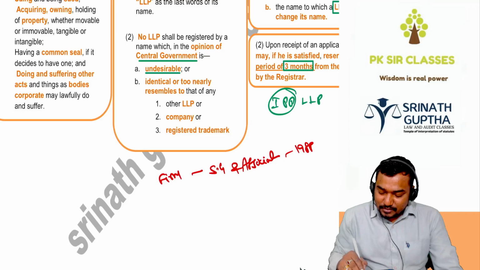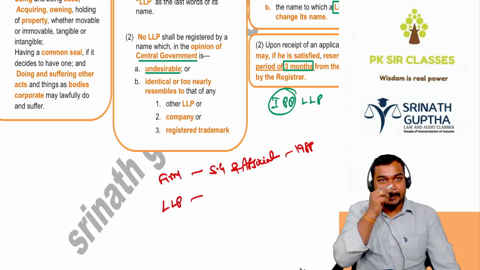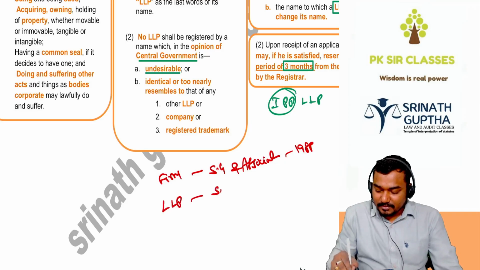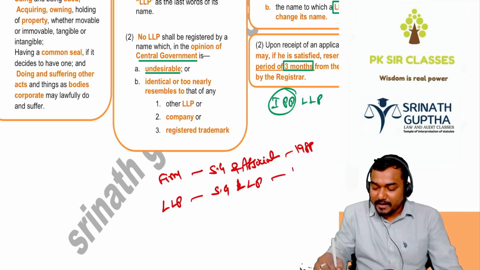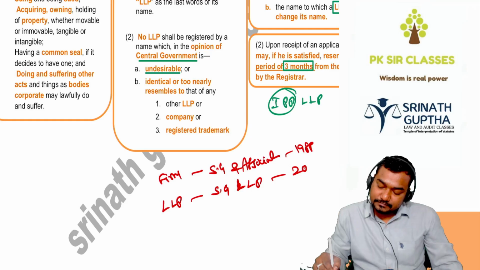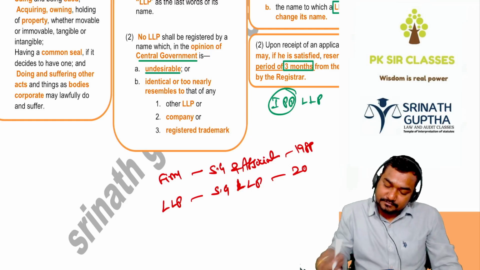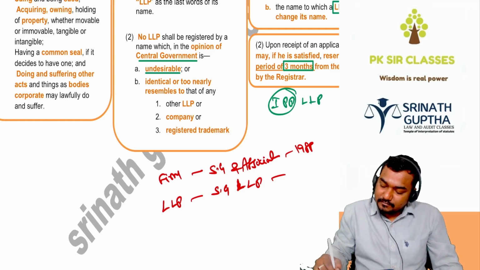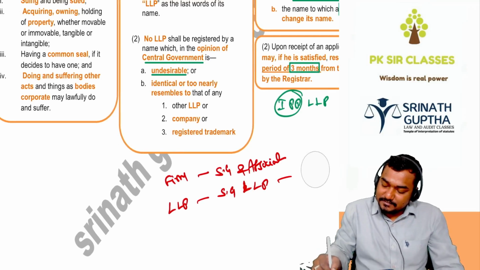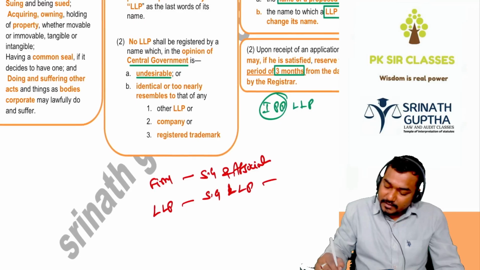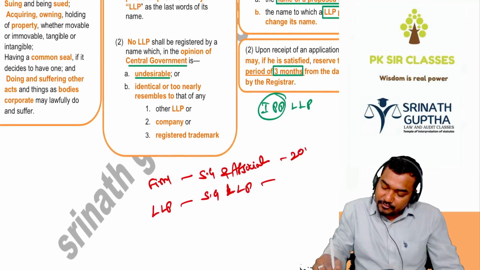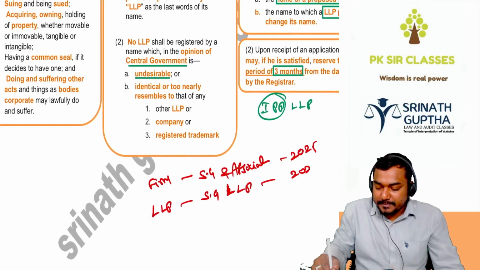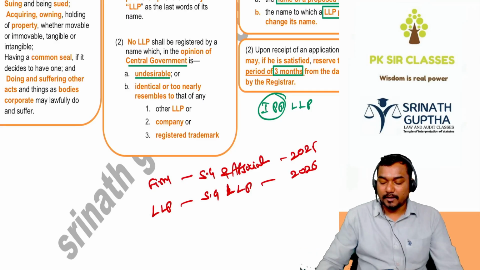1988. So recently one LLP is registered, beta. Sai and Gaud LLP. One was born in 2025, this one was born in 2026. Allowed, not allowed?